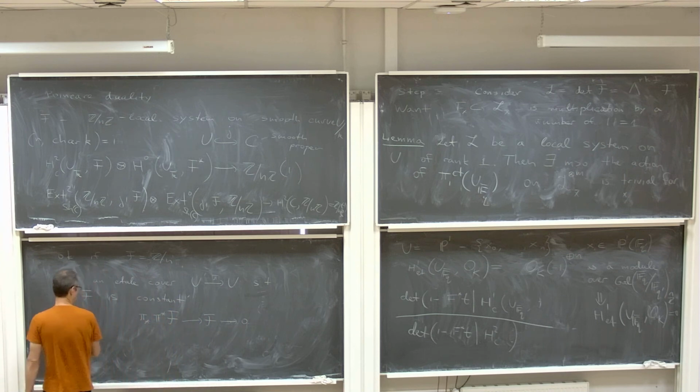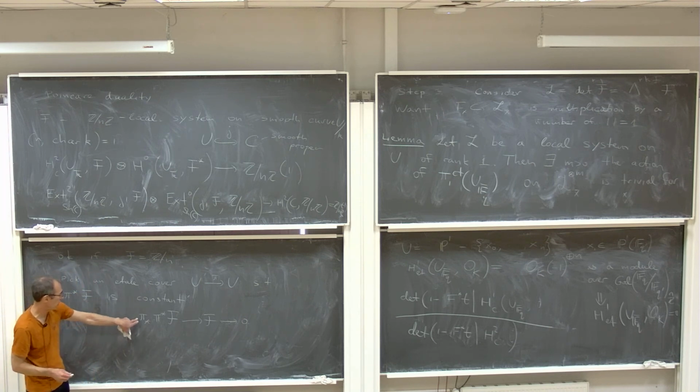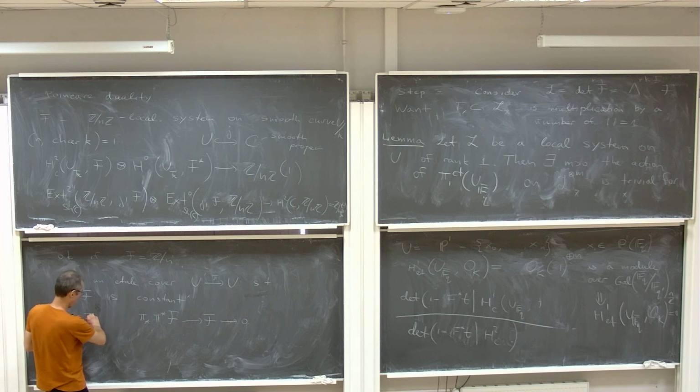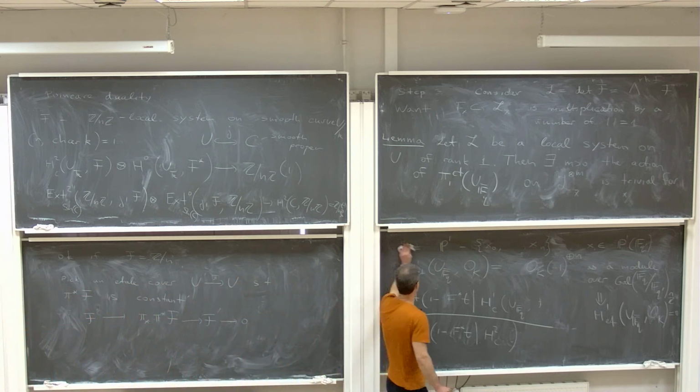Sorry, let's not look at the trace map, let's just look at the embedding of this into this, which comes by adjunction. And the quotient will be F'.